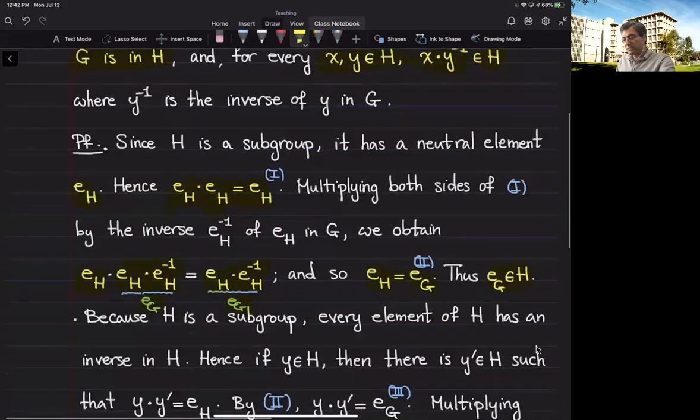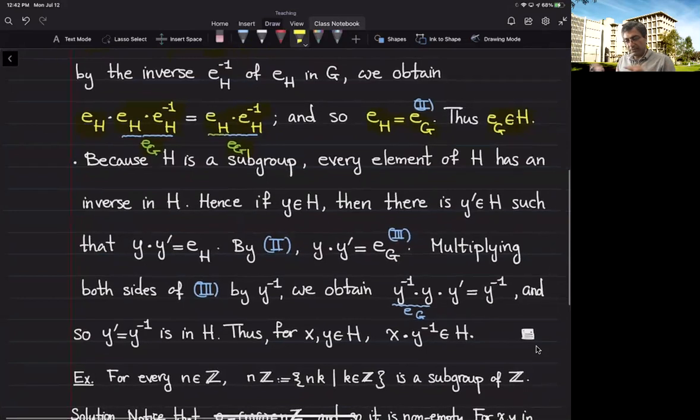Now, because H is a subgroup, it is closed, and every element has a multiplicative inverse.